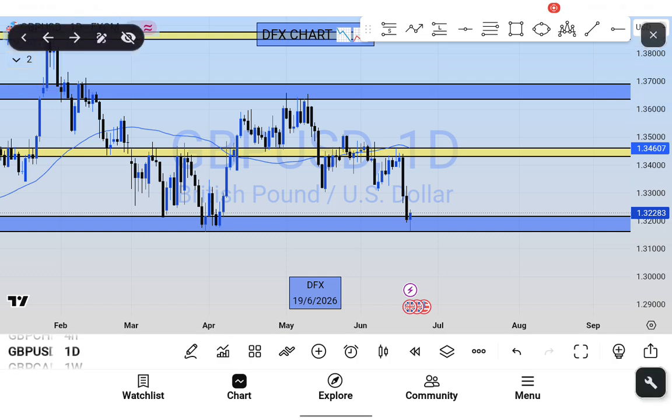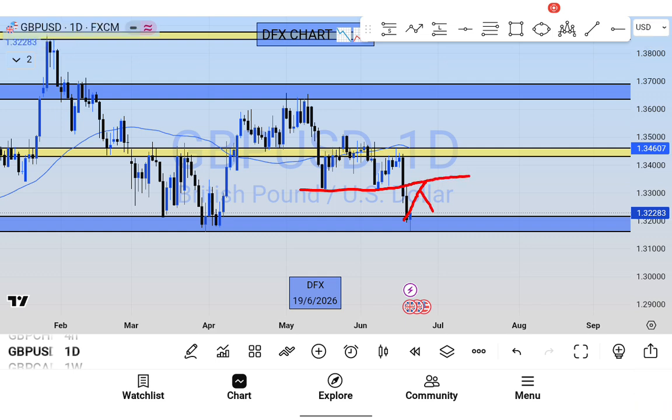The market can give us a little pullback to this point because of this structure here, then retest back to here. Then from here, we start looking for buys to the upside.